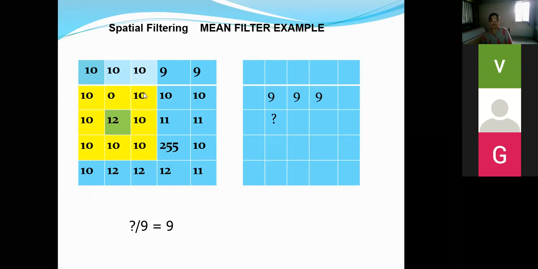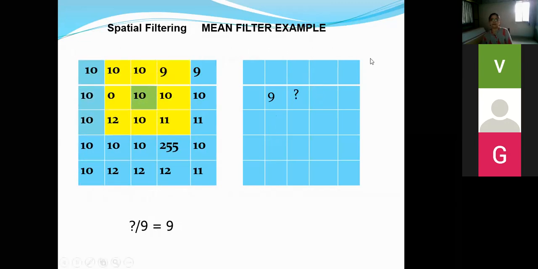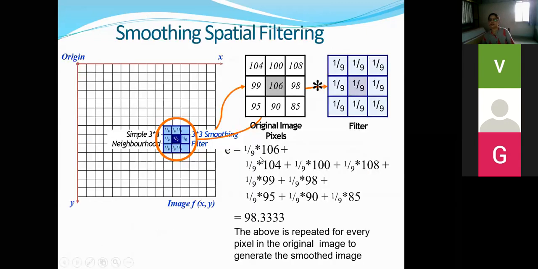If the operation is not clear, let me go to the previous slides and once again explain this two-dimensional convolution. If you look here, we start with the central pixel. The first multiplication is the central pixel multiplied by its respective filter coefficient.